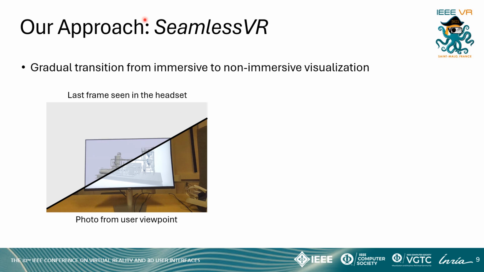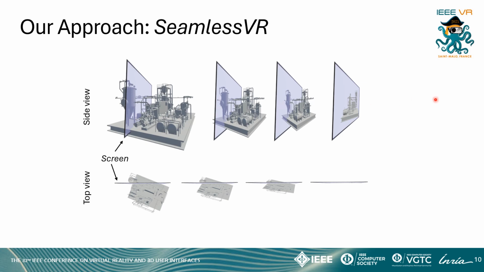Here are two images composited to illustrate the alignment. Here is another illustration of the transition. The virtual environment is morphed from left to right to a flat image aligned with the screen.